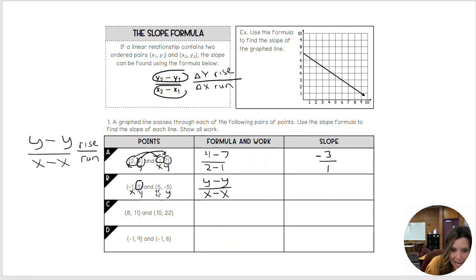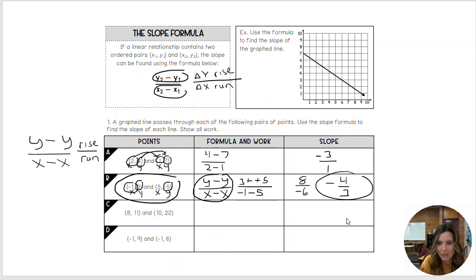So I take the y, then a subtraction sign, and then my other y, and then I take my x, then a subtraction sign, and then my other x. Basically all we're doing is plugging these values into this formula, and then we're simplifying. 3 subtract a negative 5 becomes 3 plus 5, which is 8. Negative 1 minus 5 is a negative 6. When you simplify that in your calculator, you're going to find that your slope is negative 4 over 3.